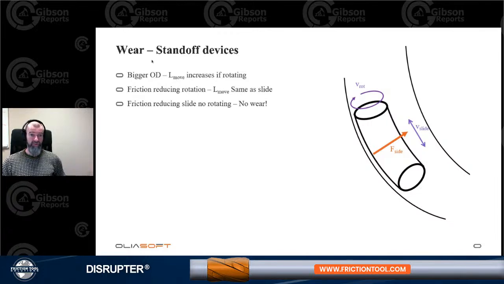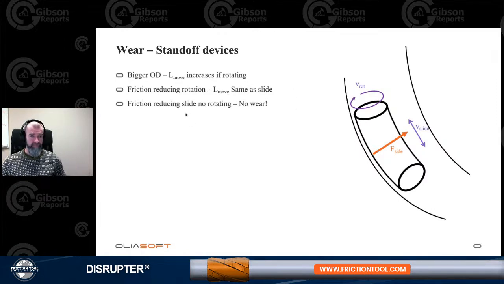So if we do use standoff devices, that could have an increased effect on the wear. But of course, if there are friction reducing elements on this standoff device, then it might give you a lot less wear, because if you could rotate it in, it would be the same as just a sliding operation.